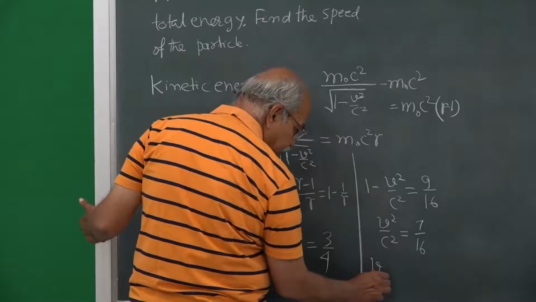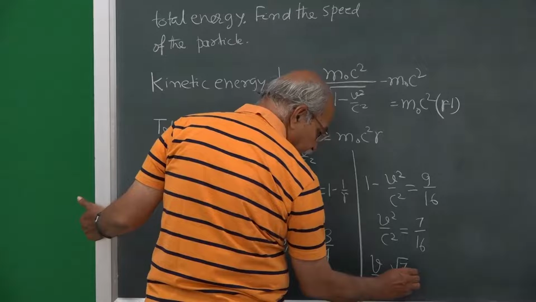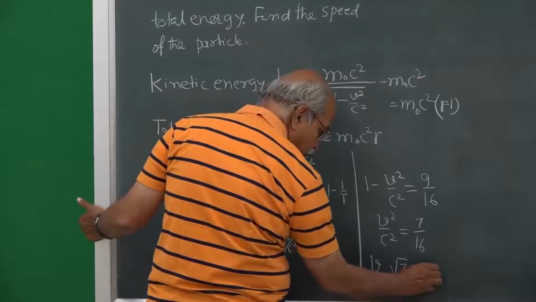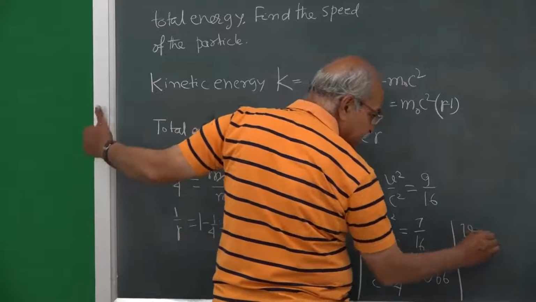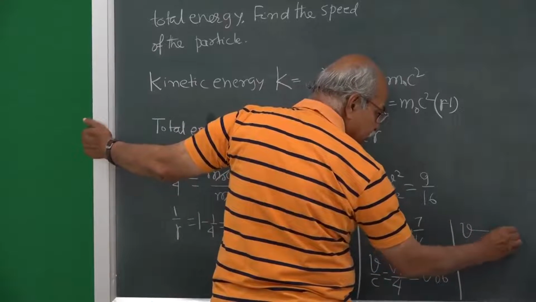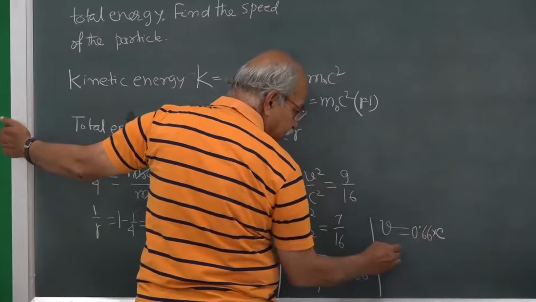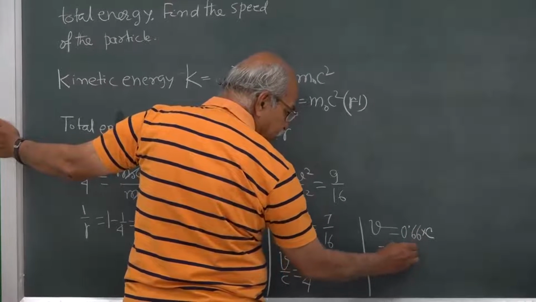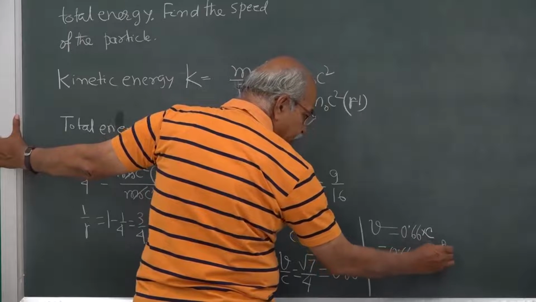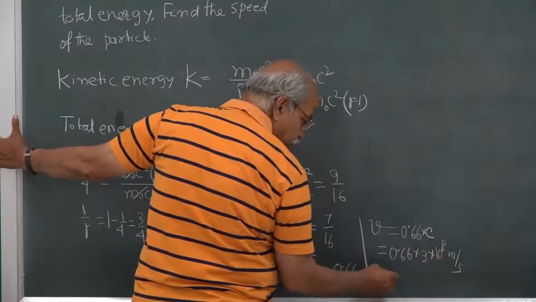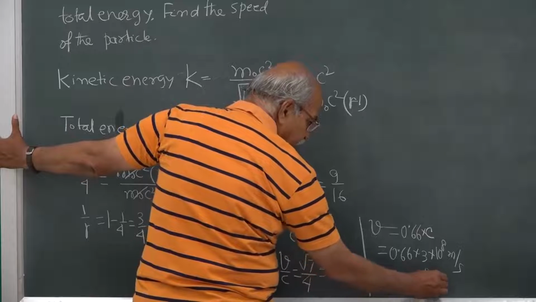So, v by c is square root of 7 divided by 4, and that will be around 0.66 or so, and therefore, v is 0.66 into c, that is 0.66 into 3 into 10 power 8 meter per second, which will be almost 2 into 10 power 8 meter per second.